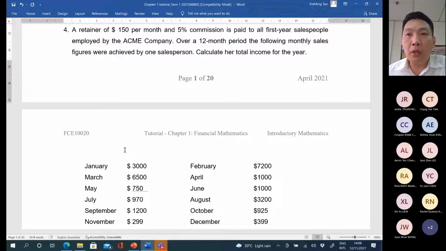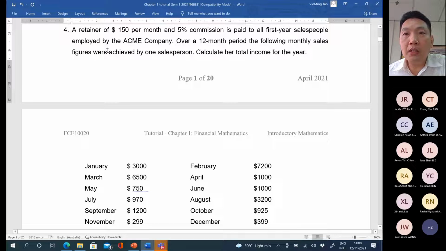So if I were you, I'll try to calculate the total income for retainer first. In 1 year, how much can this salesperson earn for retainer? The answer is 150 per month multiplied by 12 months, because 1 year has 12 months.